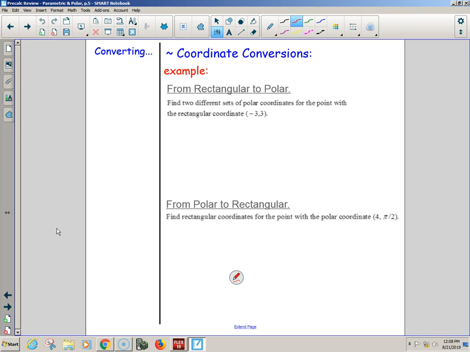We are given the point negative 3, 3, which is an x and a y, and we need an r and a theta. My easiest way of doing it from my head is to go negative 3, positive 3, and say second quadrant. And then you can do r just by doing the Pythagorean theorem, which would end up being r equal to the square root of 18, yeah? Which is the same thing as 3 rad 2.